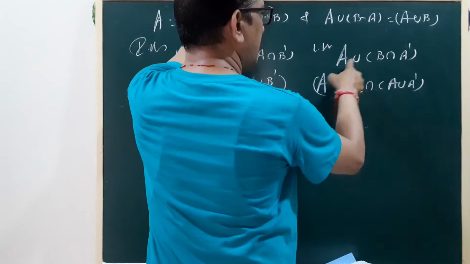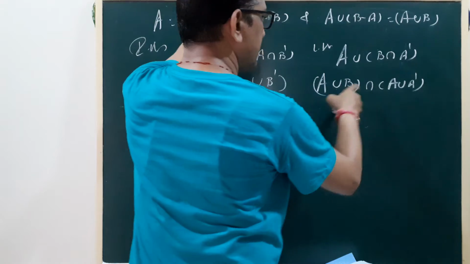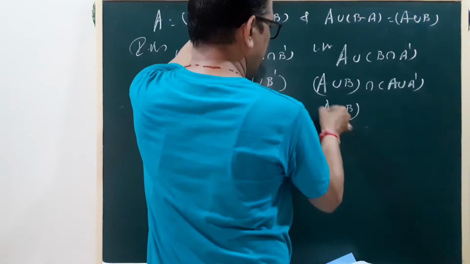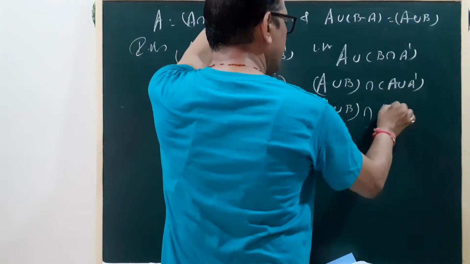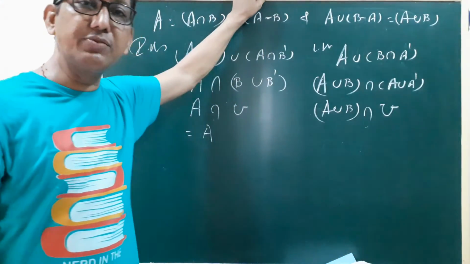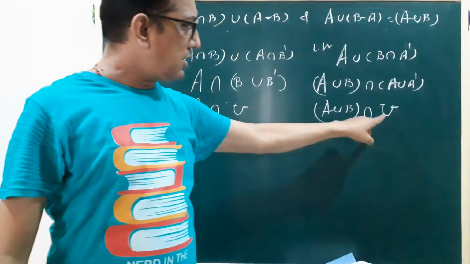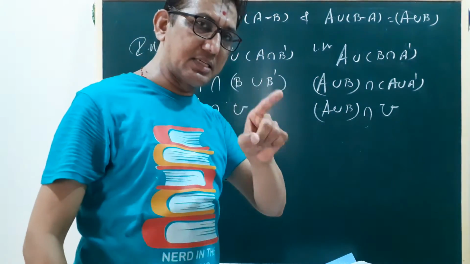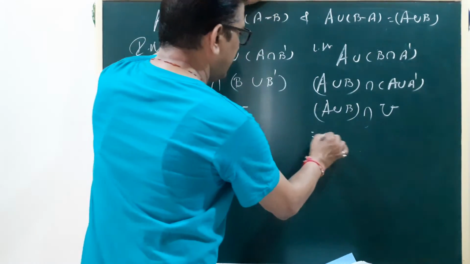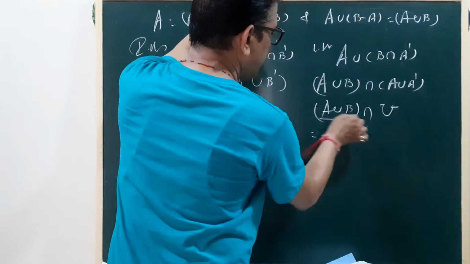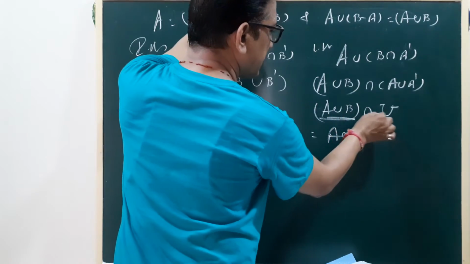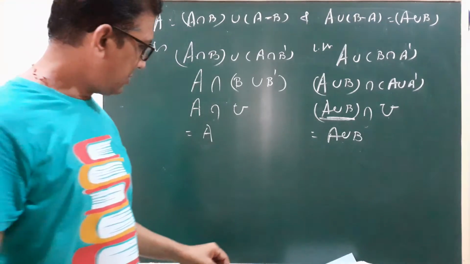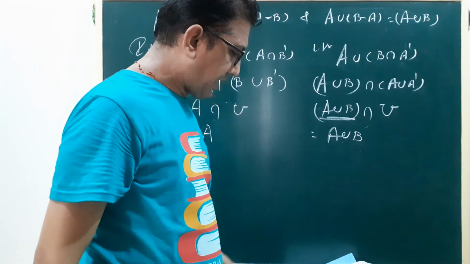Now again by the properties of union, A union A dash is always the universal set, and we take the intersection with the universal set, the answer is the set itself. So here we write A union B. Clear? Okay.